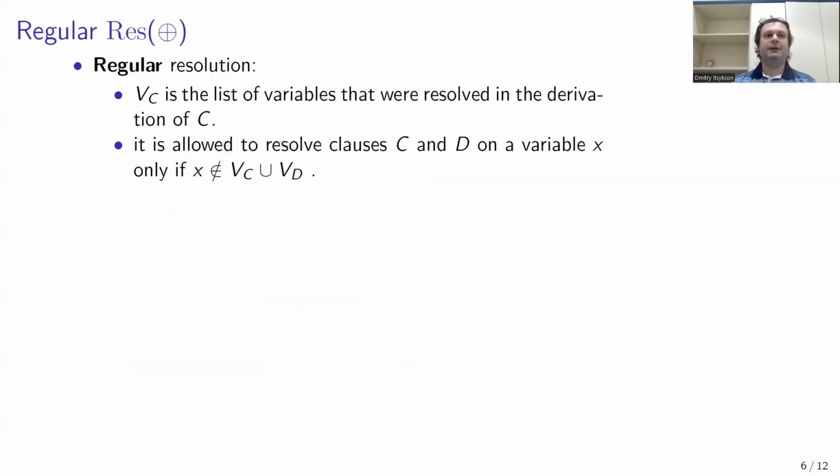Let us define regular resolution. In a regular regime, with every clause C, we also say set V_C, the variables that were resolved in the derivation of C. It is allowed to resolve clauses C and D over variable x if x doesn't belong to the union of V_C and V_D.